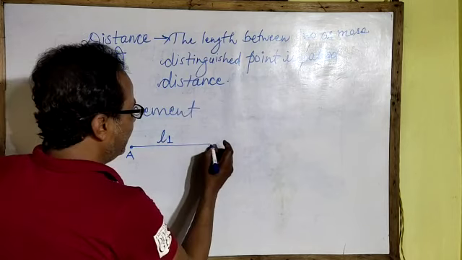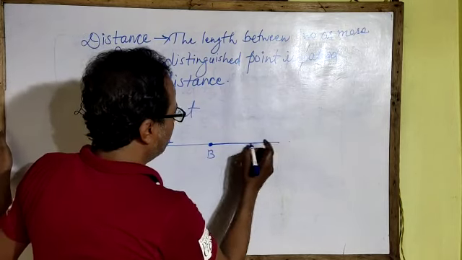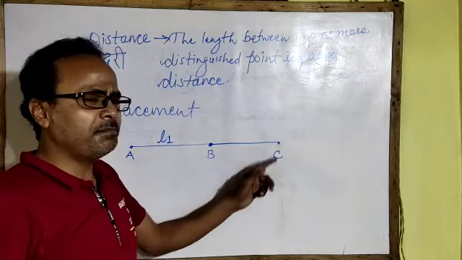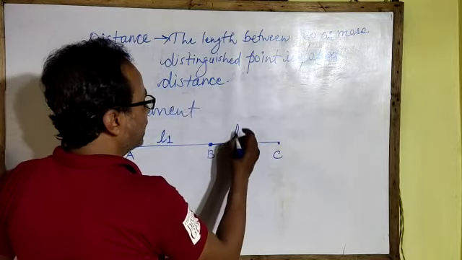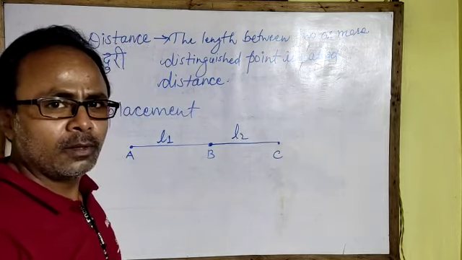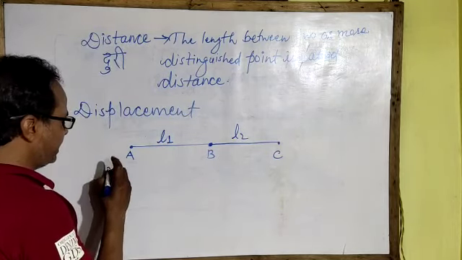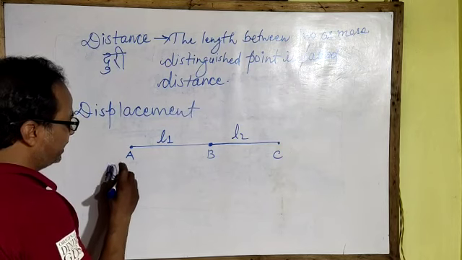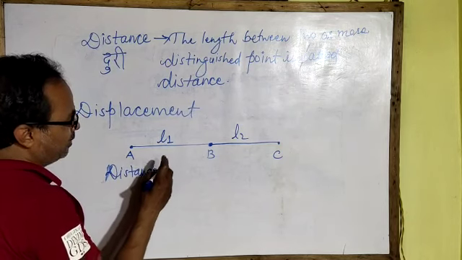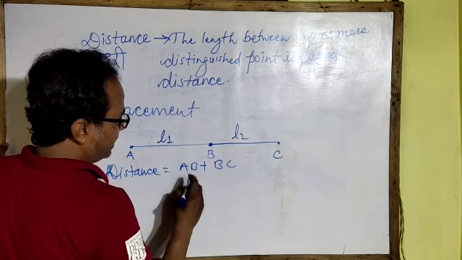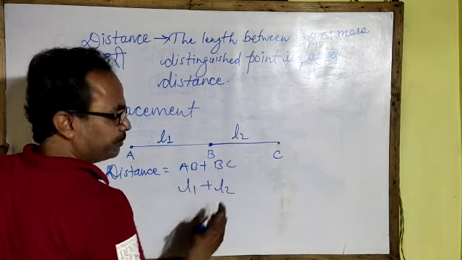Now again he has traveled from B to point C. The distance between B and C, suppose, is L2. So the distance will be AB plus BC, that is L1 plus L2.